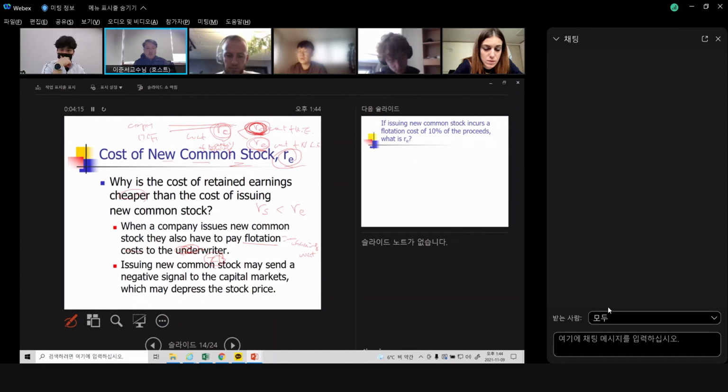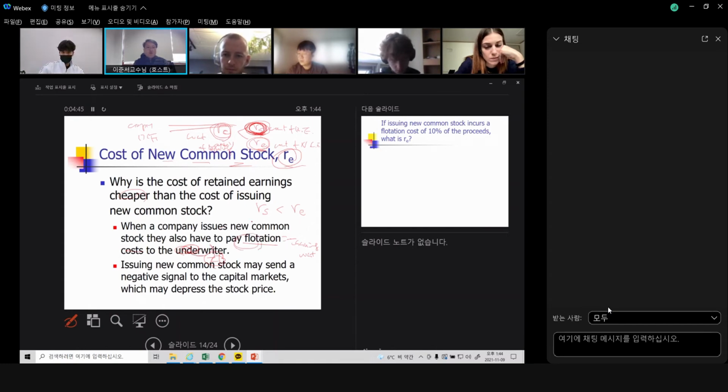So generally, rather than the company itself, the underwriter, represented by the IB, investment bank, or security company here in Korea, plays that role. So the company that wants to issue new securities should pay the flotation cost to the underwriter. So that's going to be a cost.